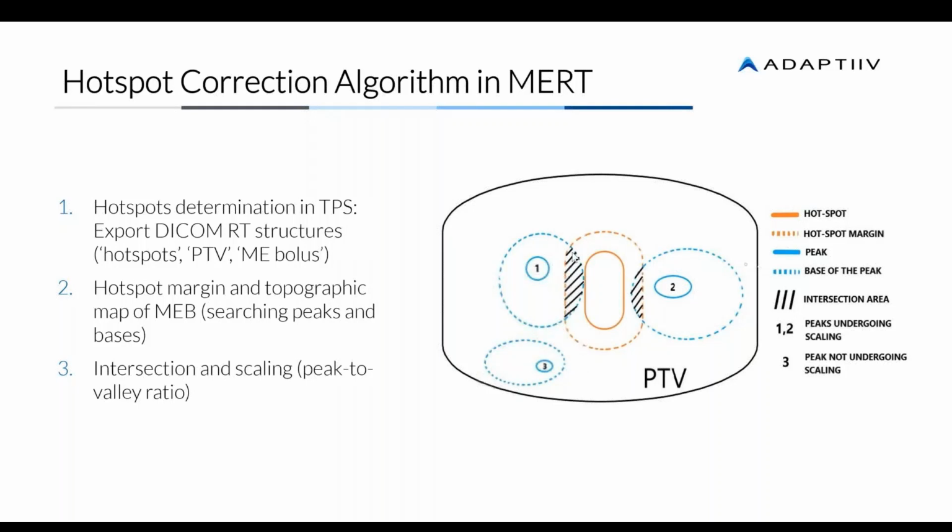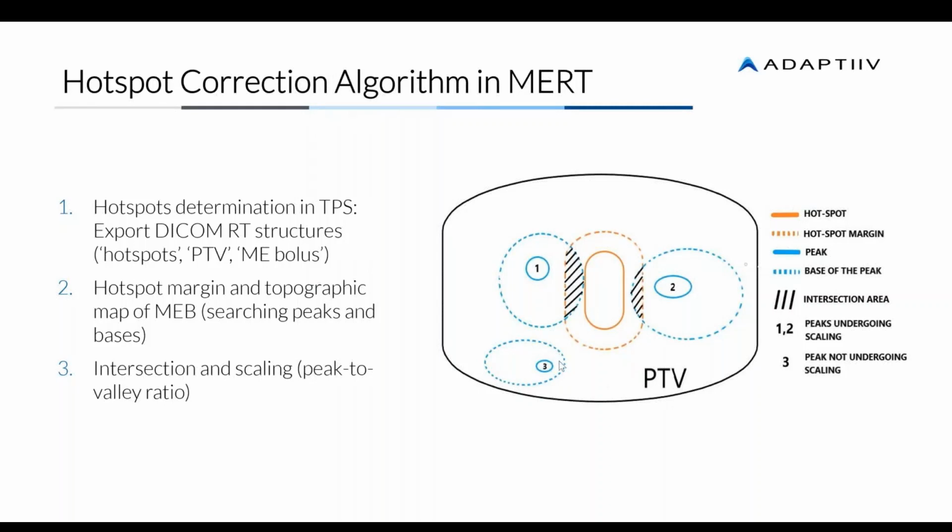So if the base of the peaks near the hotspot intersect the hotspot margin, these peaks, designated on the diagram as 1 and 2, will be counted in the hotspot correction algorithm.